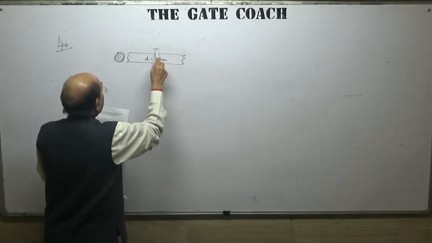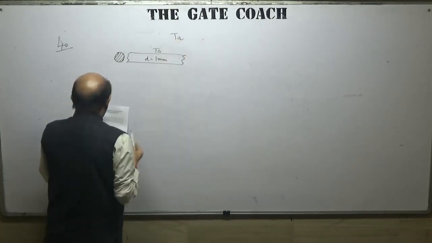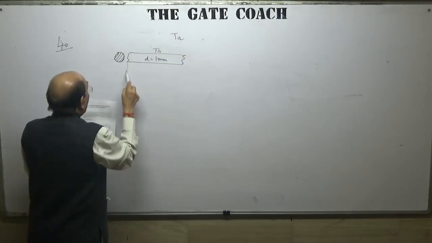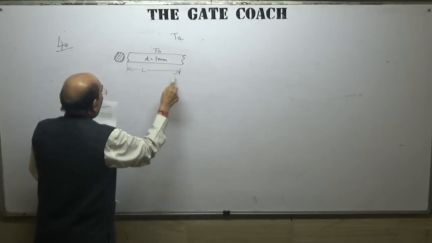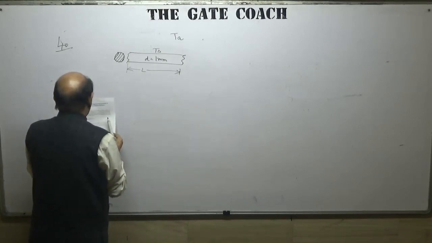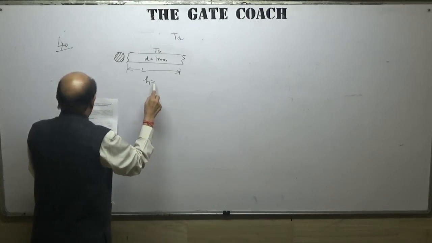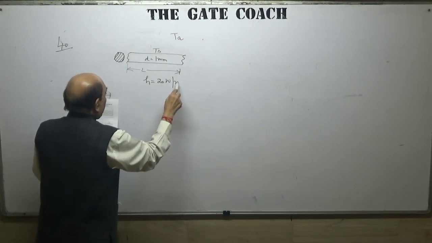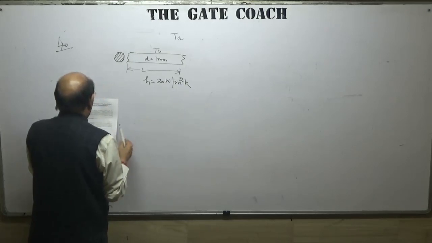Surface temperature is Ts. Surrounding temperature is Ta. Let L be the length and the convective heat transfer coefficient h is given as 20 watt per meter square Kelvin.